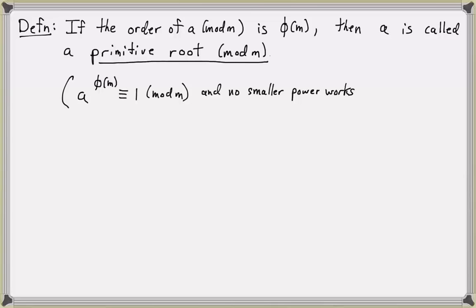So Euler's theorem tells us that a to the phi of m is congruent to 1 mod m if a and m are relatively prime. And if no smaller power works, then we call a a primitive root mod m.